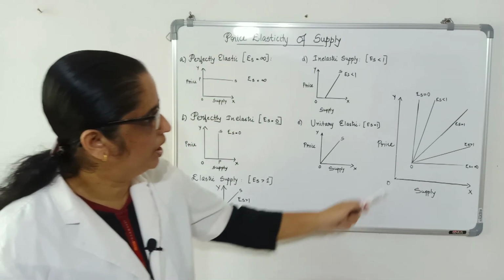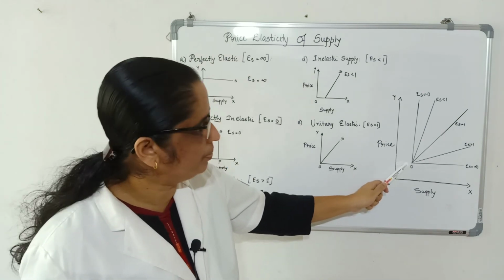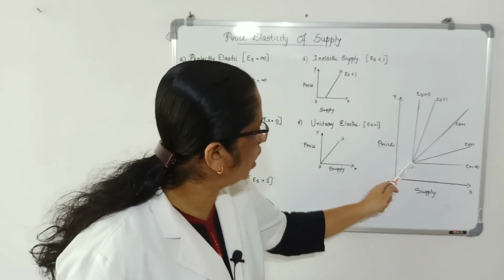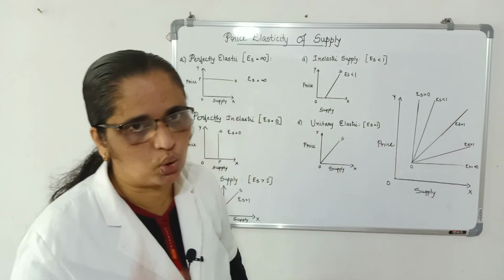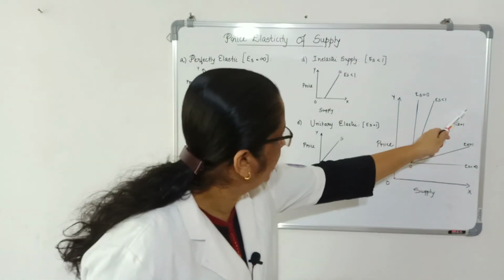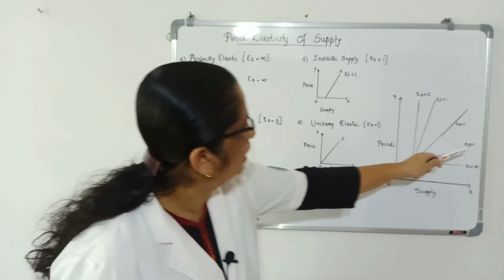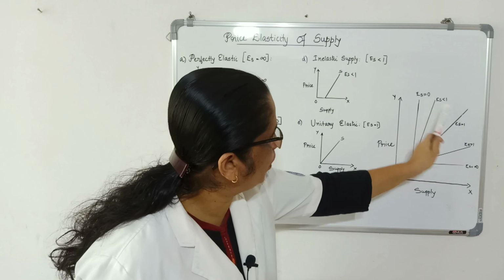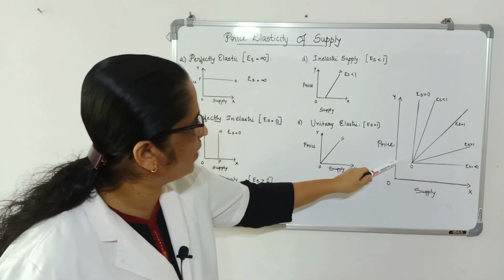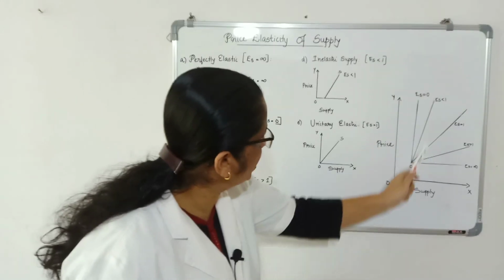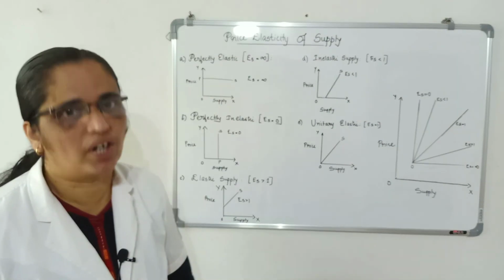Okay. How can you draw under a single diagram? Listen carefully. Horizontal, vertical, the 2 extreme cases. Extending towards the origin, that is equal to 1. Other possibilities: extending towards the y-axis, greater than 1; extending towards the x-axis, less than 1.